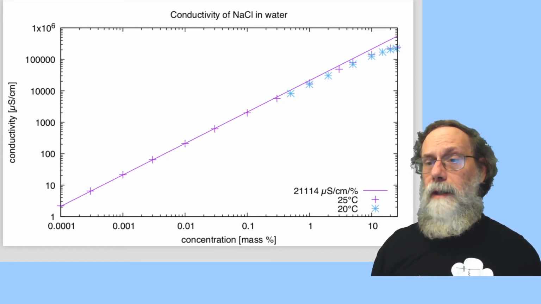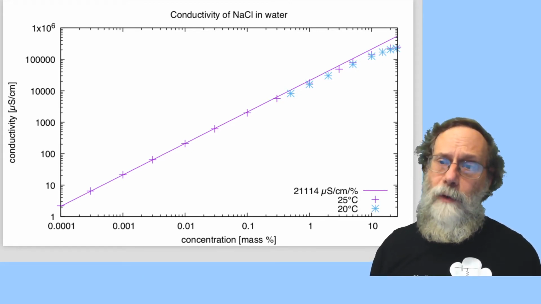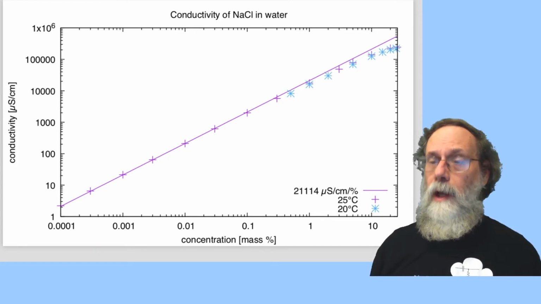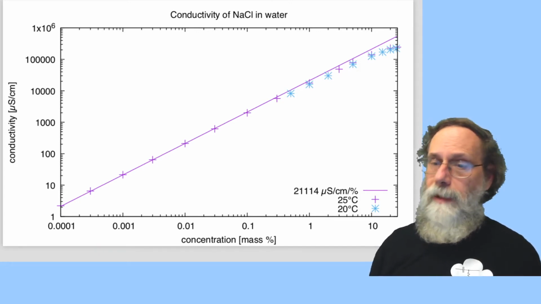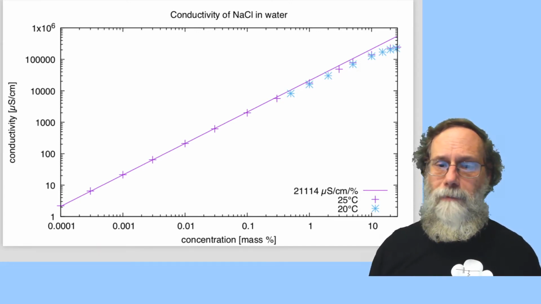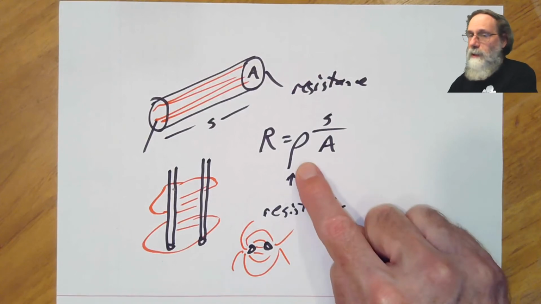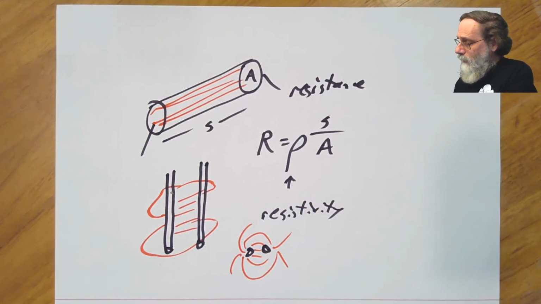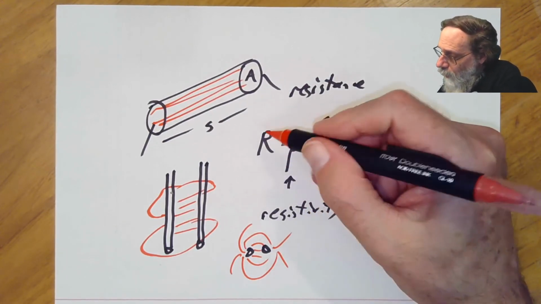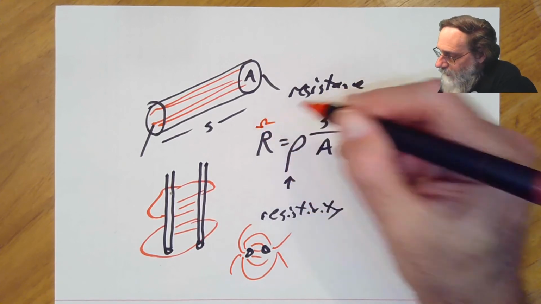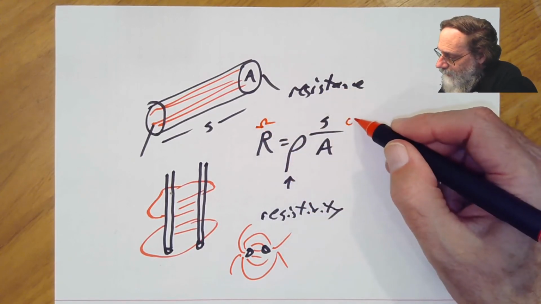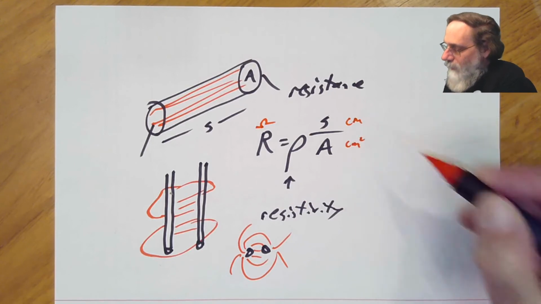What's conductivity? Conductivity is just the inverse of resistivity. Remember that resistivity, let's go back to, resistivity was this number rho. And if you take a look at it, we've got ohms on this side and centimeters over centimeters squared here.